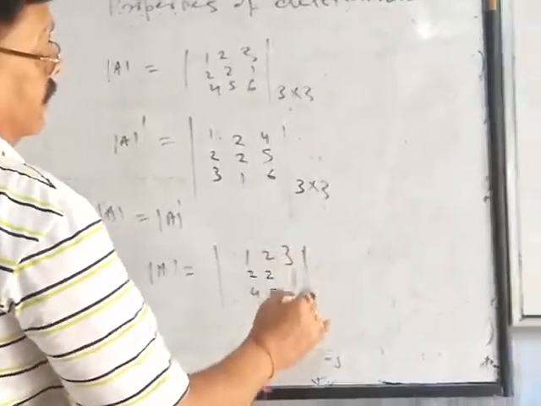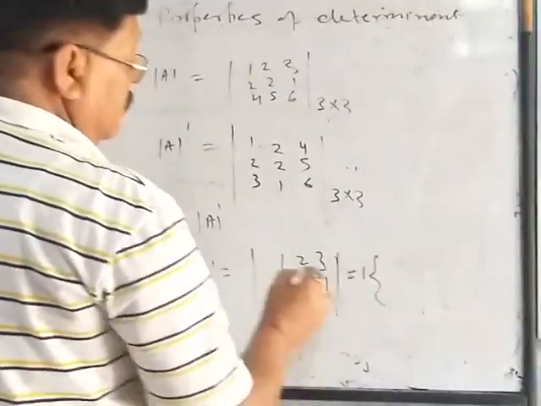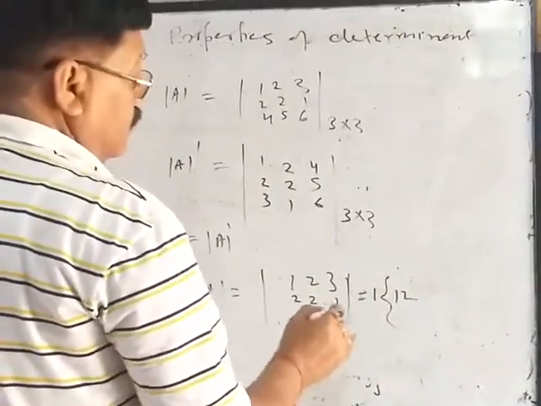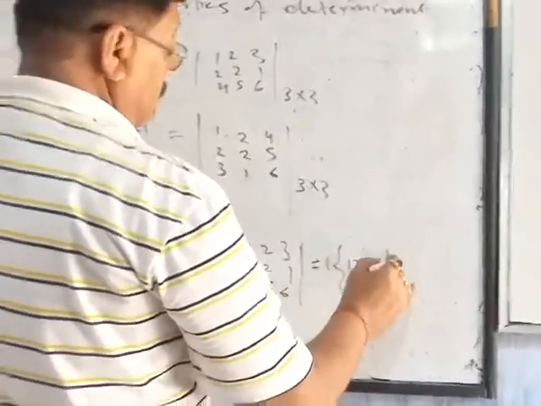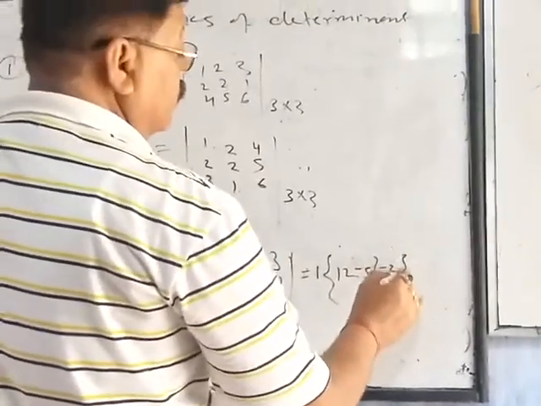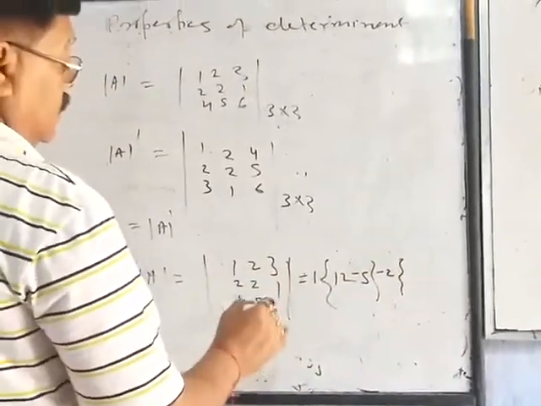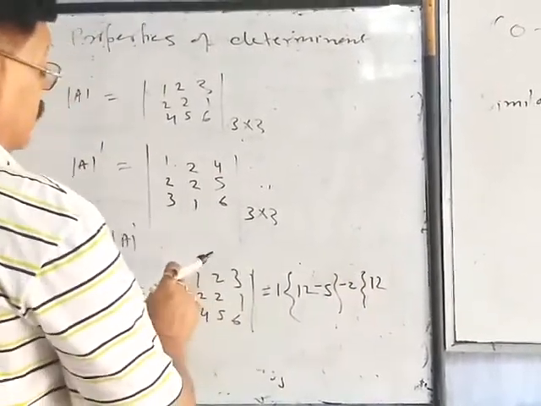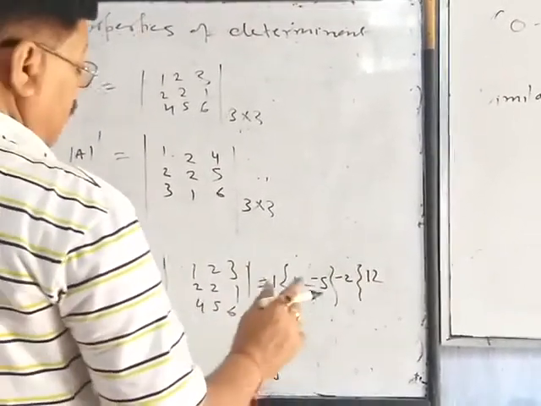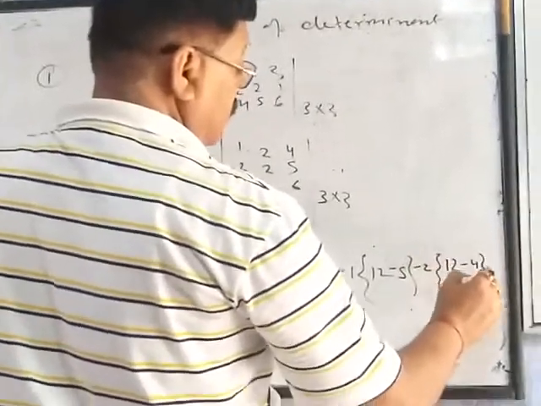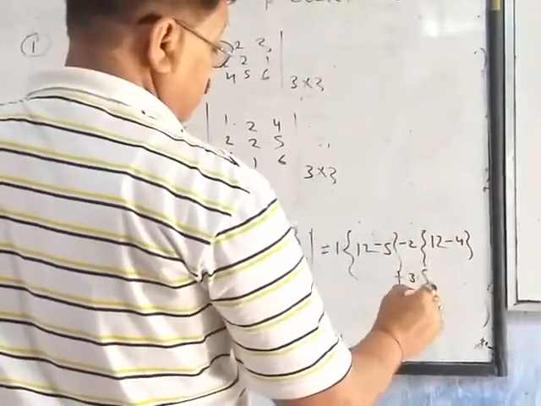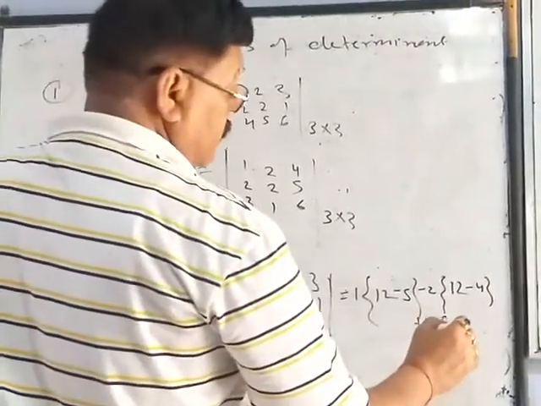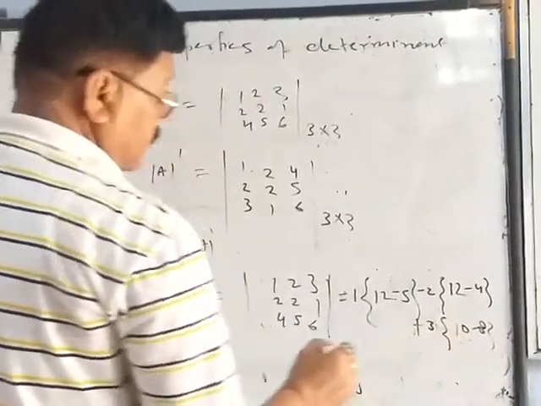Now evaluate this. 1 times 12 minus 5, minus 2 times 12 minus 4, plus 3 times 10 minus 8.